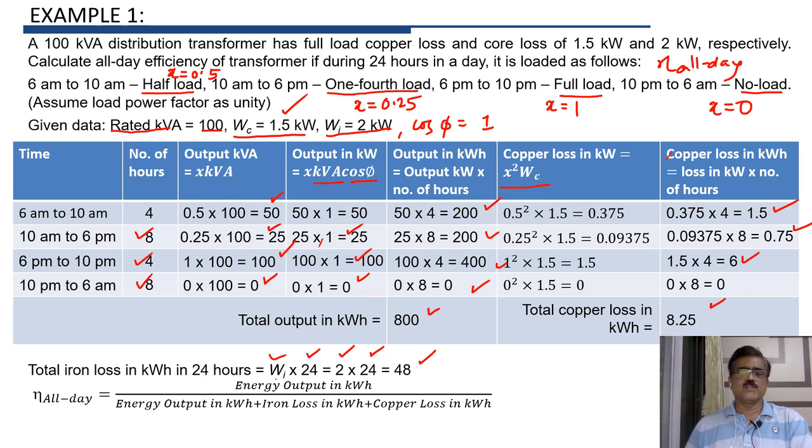Of course all this is for 24 hours. So 800 upon 800 plus 48 plus 8.25, multiplied by 100. So all day efficiency, if you calculate this, is 93.43%.